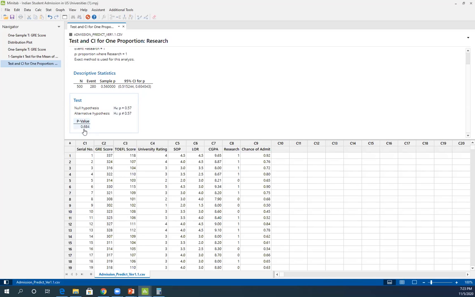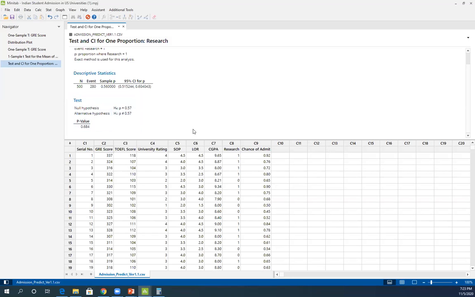What is the p-value here? P-value we are getting is 68%. And what is the alpha value? Alpha value is 5%. This is greater. So my assumption is correct. My null hypothesis has been accepted that of all 22,000 students applying for university, 57% of them will be having research university.